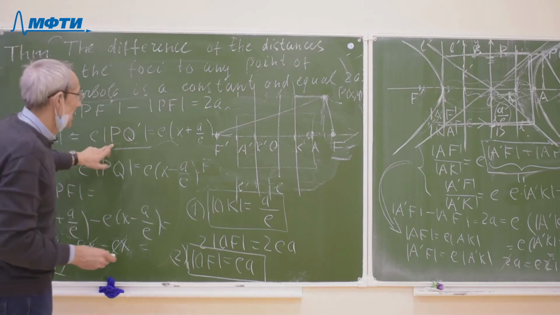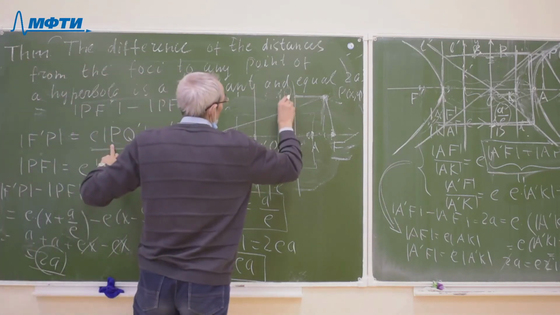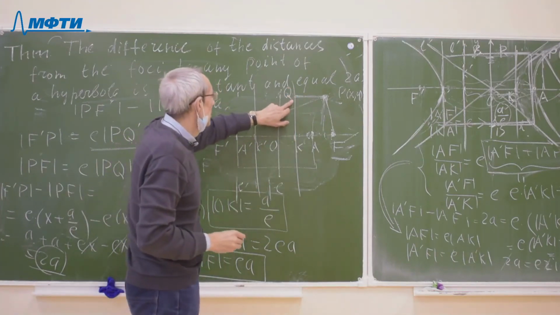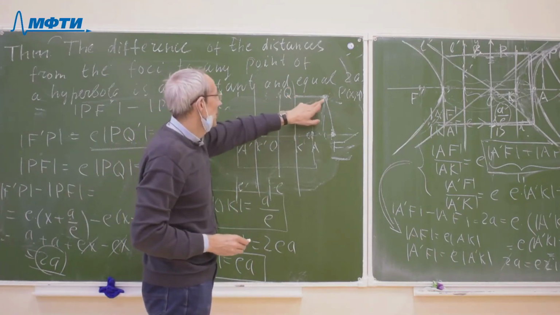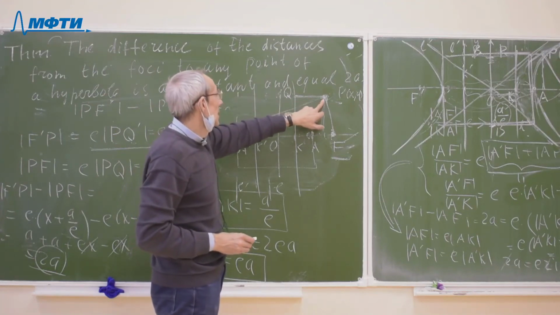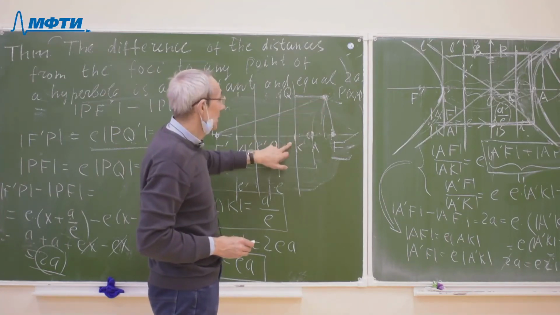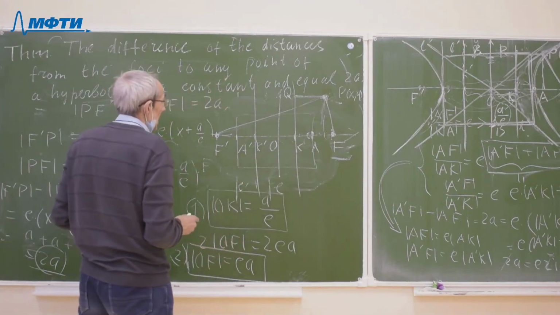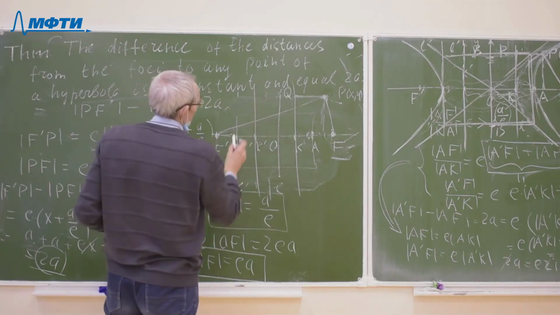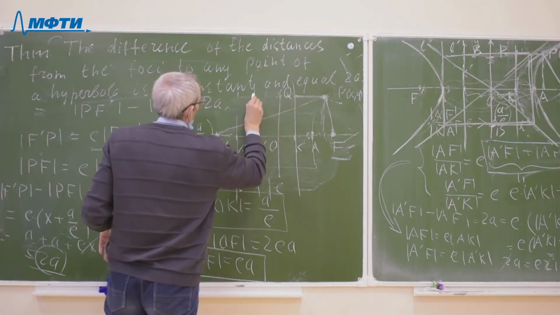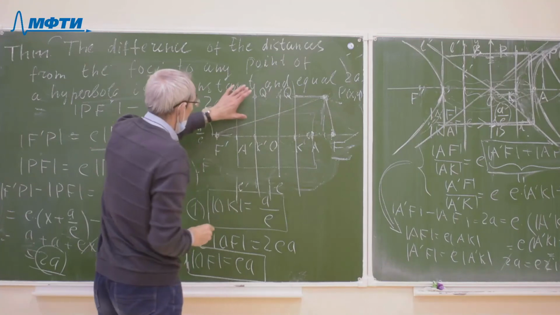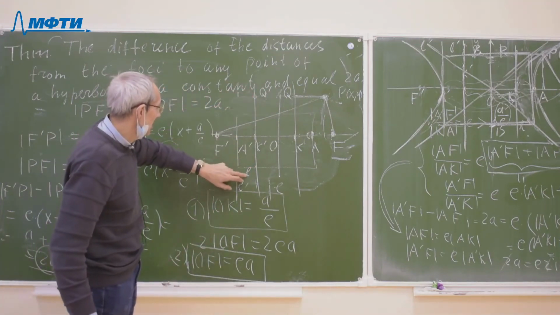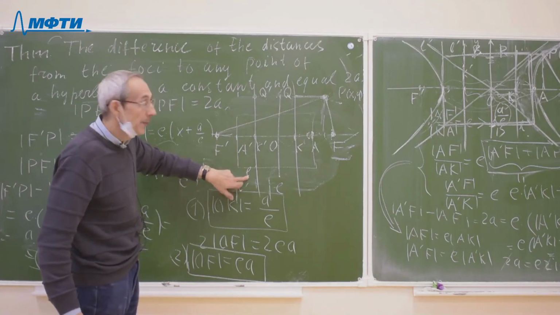And let Q be the base of the perpendicular which passes through P perpendicular to the directrix. And we have also the symmetric point Q prime, which lies on the symmetric directrix L prime.